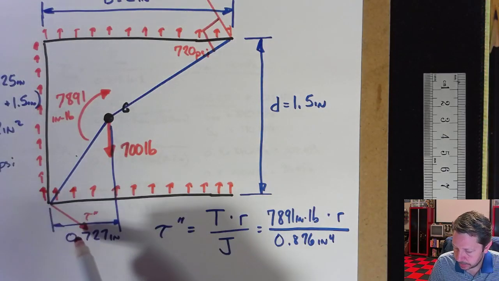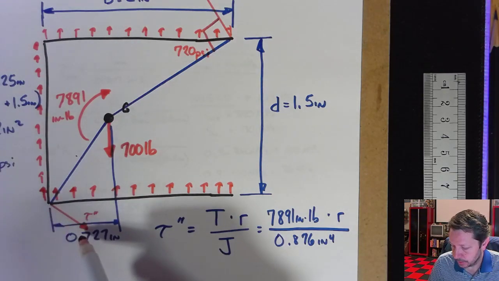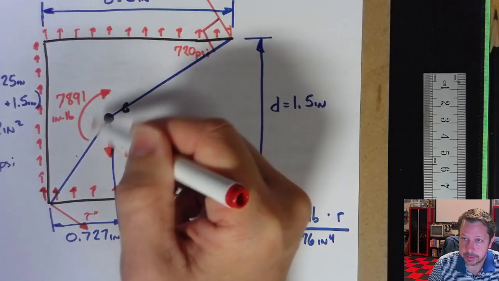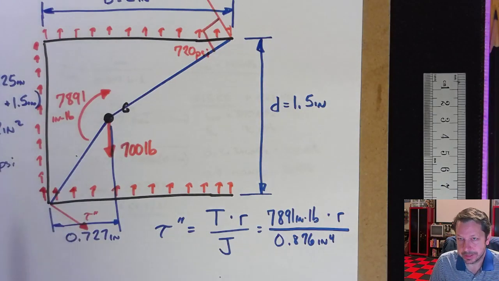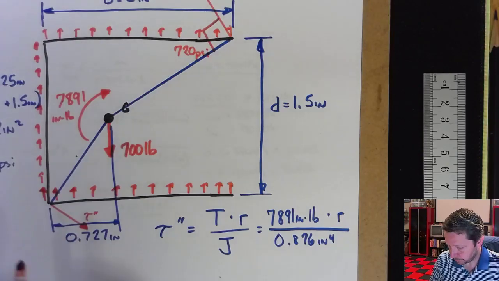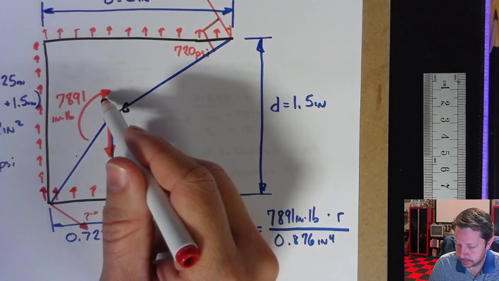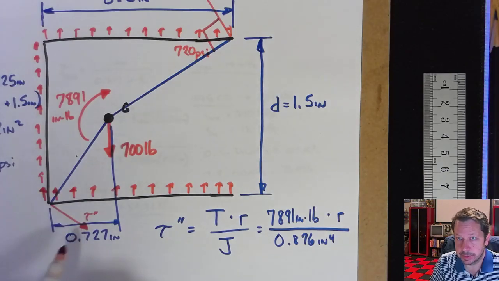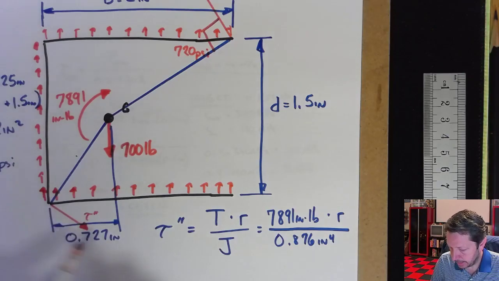Now how you pick the direction, I guess I didn't actually explain how you know which way this one's going, but it's resisting this moment. So I've got a clockwise moment here, so I have to create a counterclockwise moment here, just like we did with the bolt groups. So clockwise torque applied to the centroid, I'm going to resist that with a counterclockwise torque. Now this is actually showing a shear stress, but there's a torque associated with it right here, and it has to resist it.